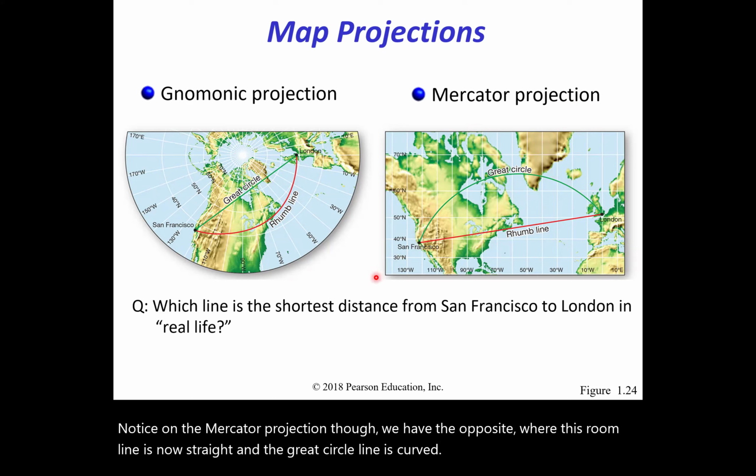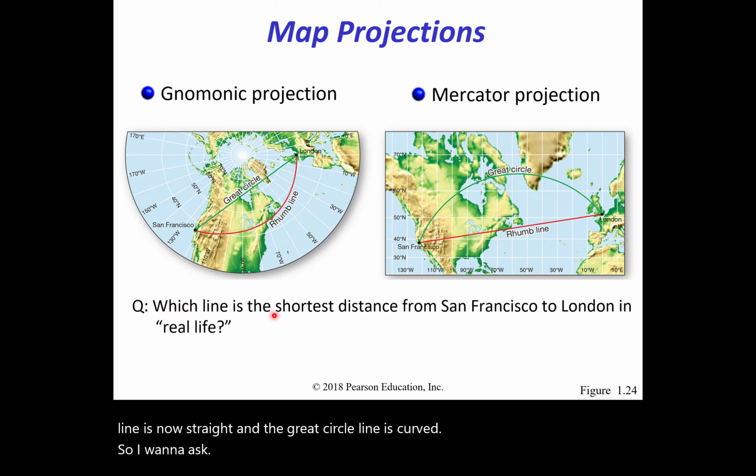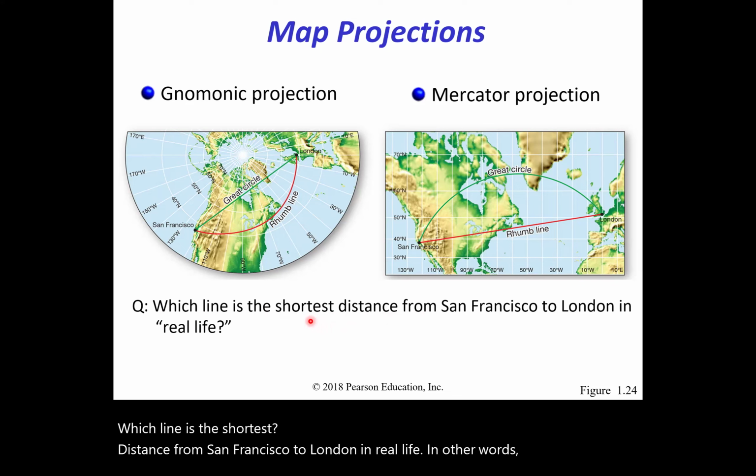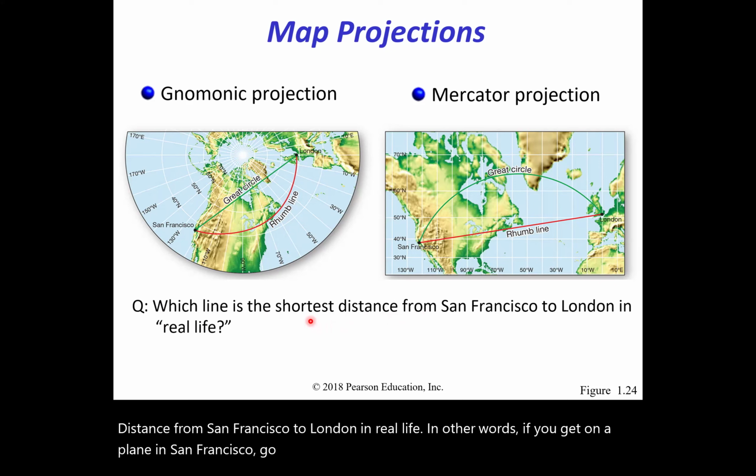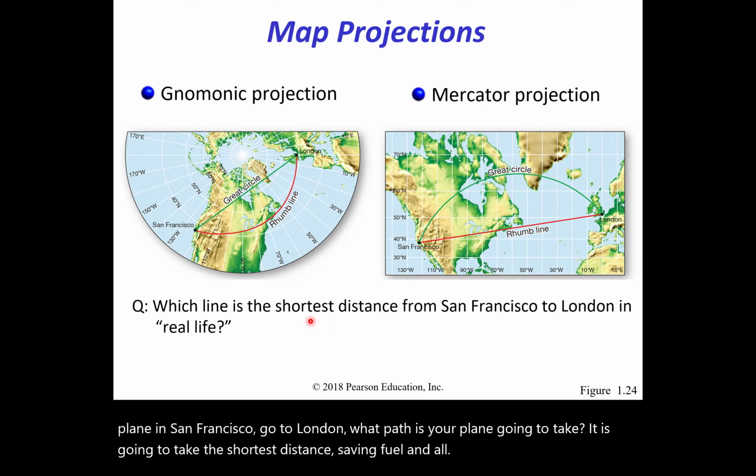So I want to ask you, which line is the shortest distance from San Francisco to London in real life? In other words, if you get on a plane in San Francisco, go to London, what path is your plane going to take? It is going to take the shortest distance, saving fuel and all. But which path is it going to take?